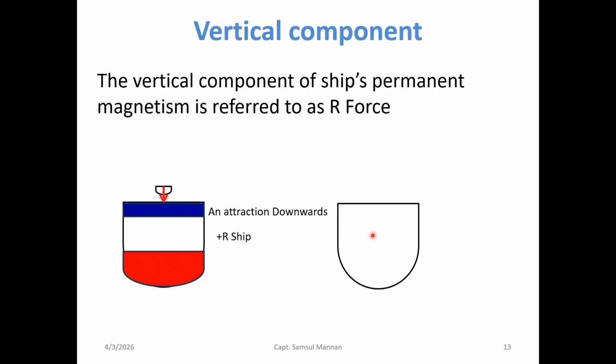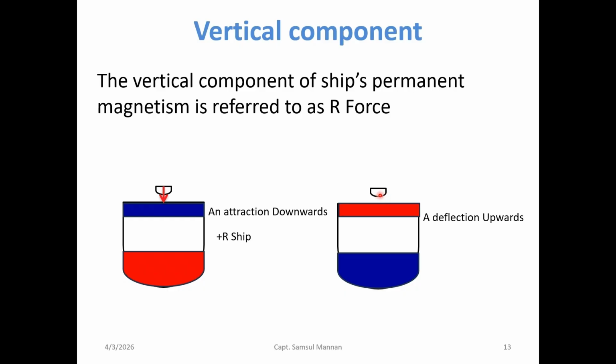On the other hand, if the ship has a red pole on the top of the ship, that means on the deck or on the monkey island, and a blue pole at the keel, the compass needle will feel a deflection upwards, and this type of ship will be termed a minus R ship.